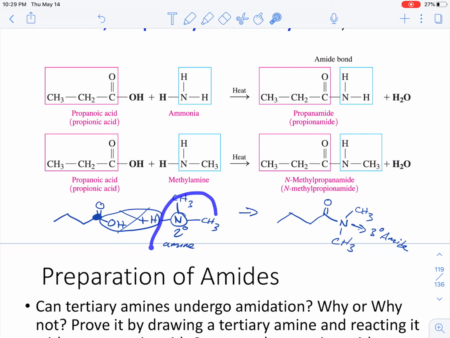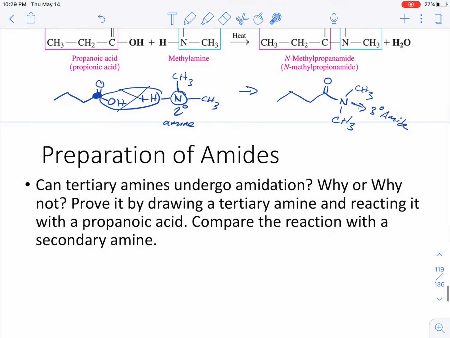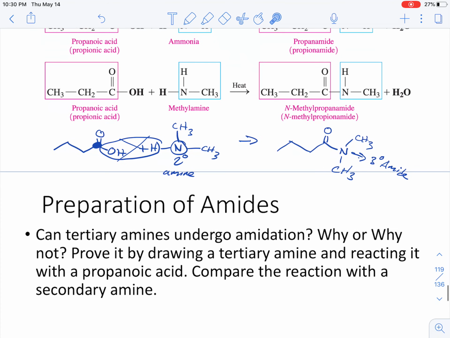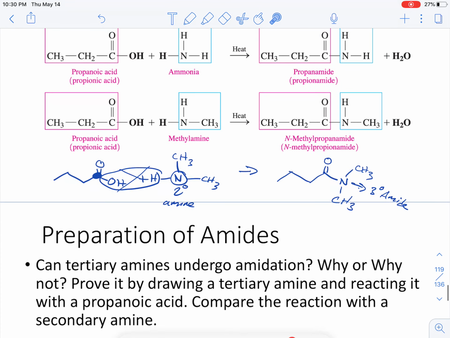When you have a secondary amine and you react it with a carboxylic acid, you get a tertiary amide. And so tertiary amines cannot undergo amidation, because tertiary amines do not have a hydrogen on the nitrogen.